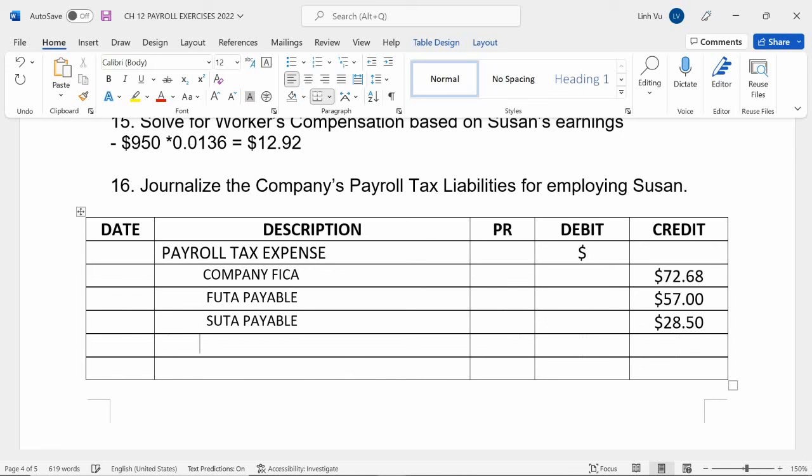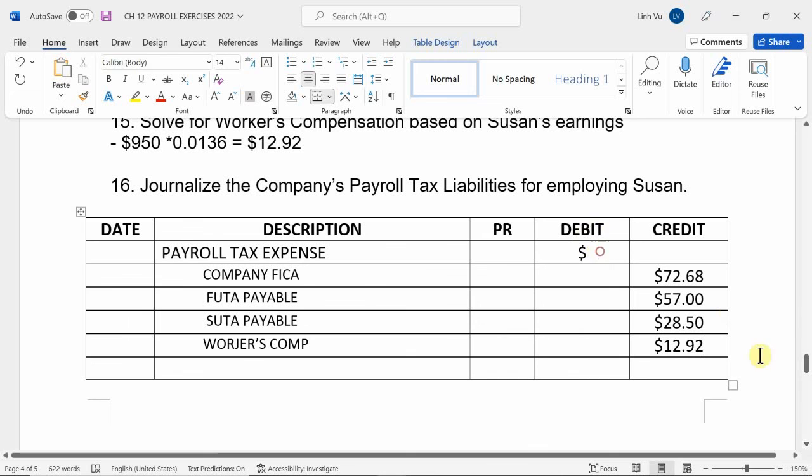And workers' comp is $12.92. So that comes to $171.10.